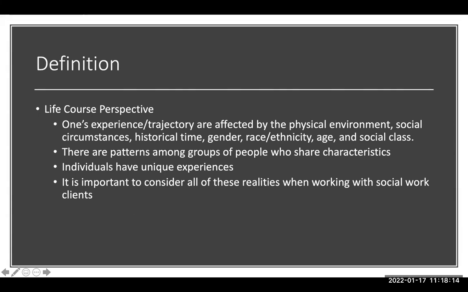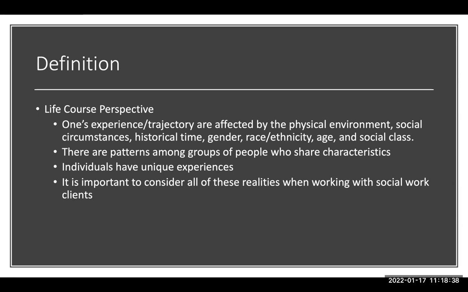So the definition of life course perspective is a client's or any human's experience and how it is affected by different types of factors, including your physical environment, social circumstances, historical time, gender, race, ethnicity, age, and social class.